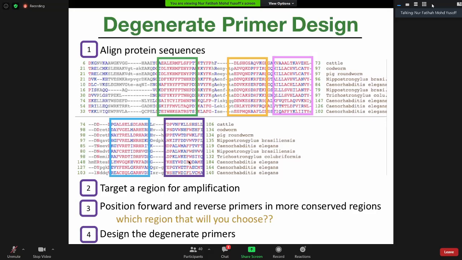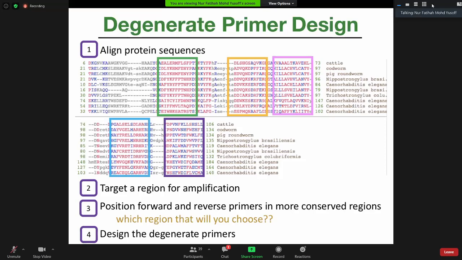What about the length of the PCR product that will be generated? It will be too long, between the green and the purple. Yes, this will be too long from this particular region until here. You may want to consider a suitable length of the PCR product that you want to target.